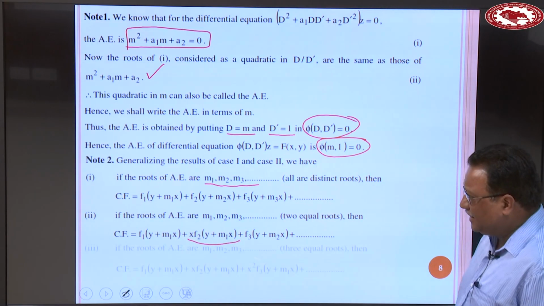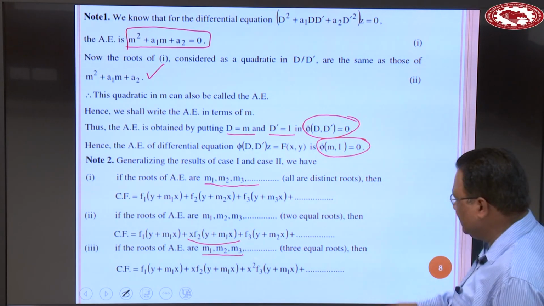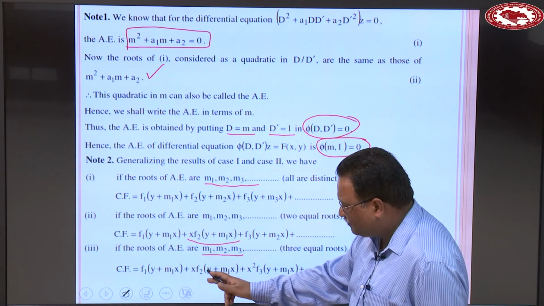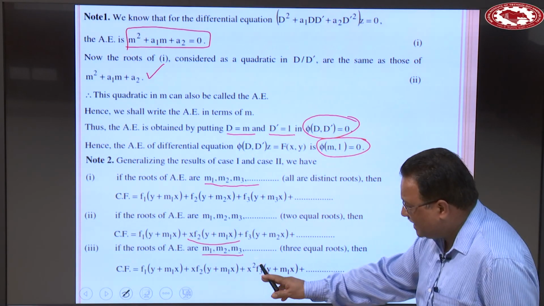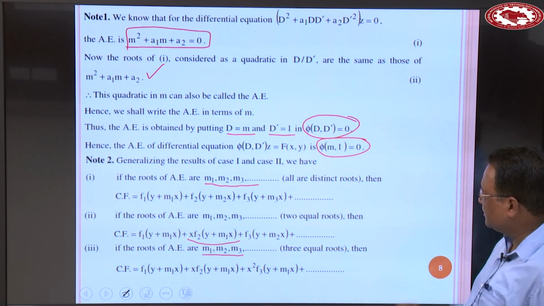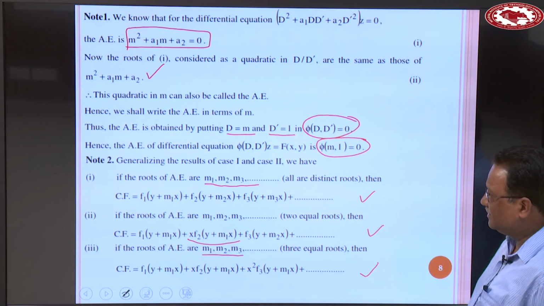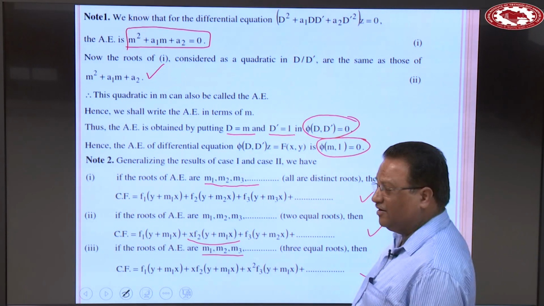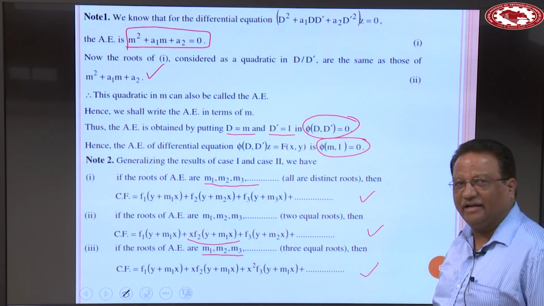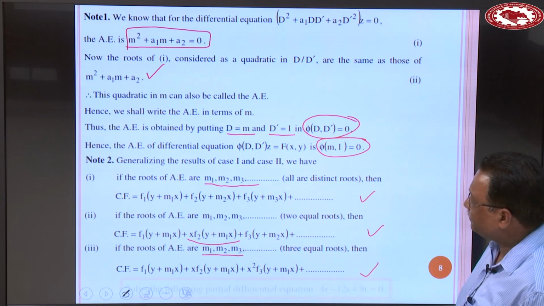Similarly, if the roots are 3 equal roots, then f(y + m1x) + x f(y + m1x) + x² f(y + m1x) and so on. So in this way you can write the solutions accordingly. Check whether these roots are equal, distinct, 3 equal roots or 4 equal roots, and accordingly write the solution of this type of differential equation.